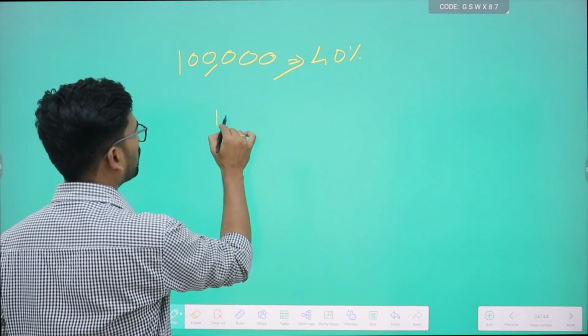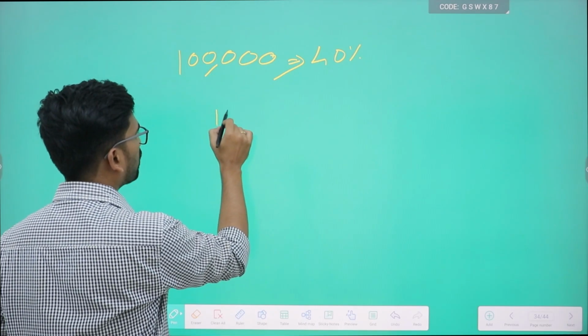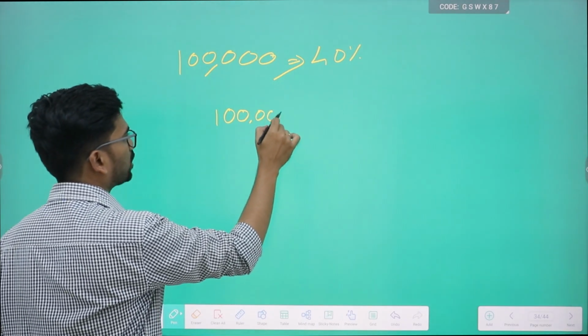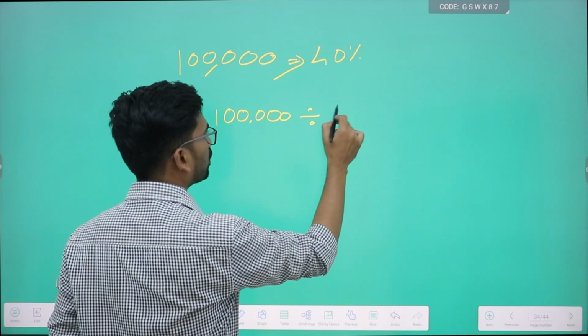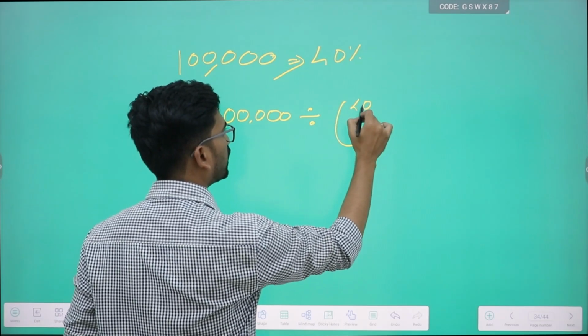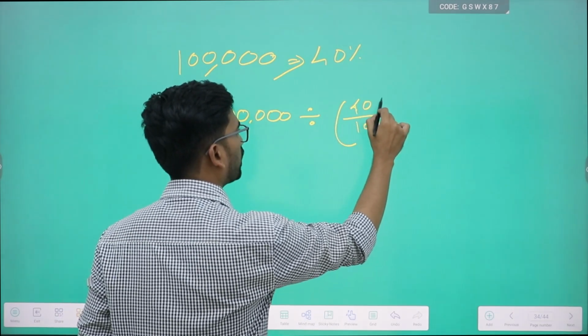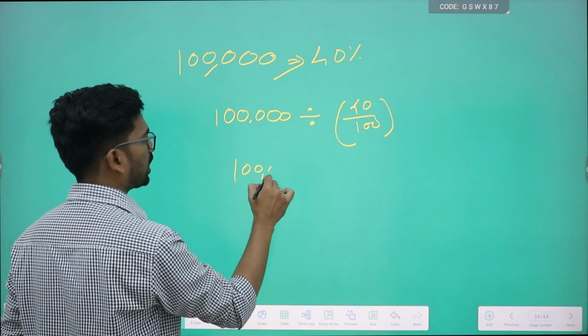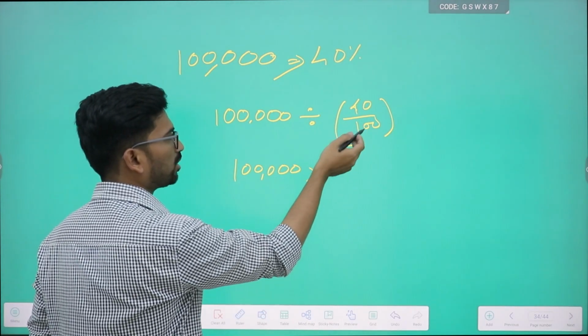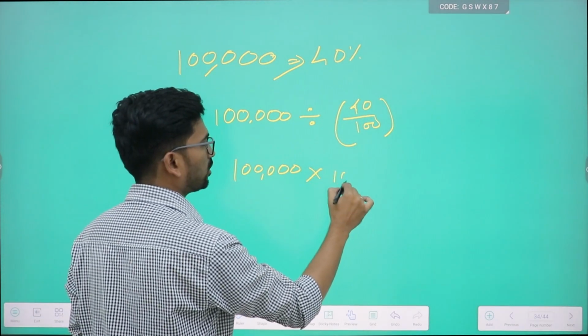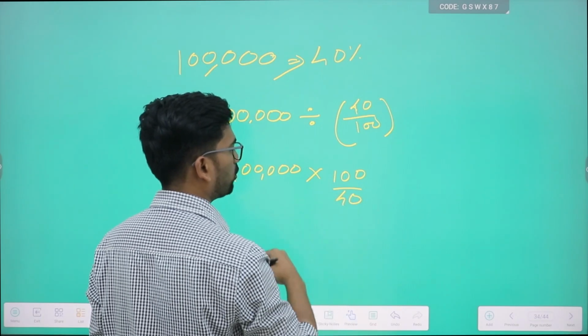So we will divide. What was the formula? Part, which is 100,000, divided by percentage, which is 40 divided by 100. So 100,000 multiplied by the reciprocal, 100 by 40.